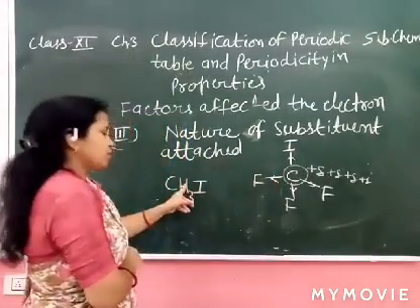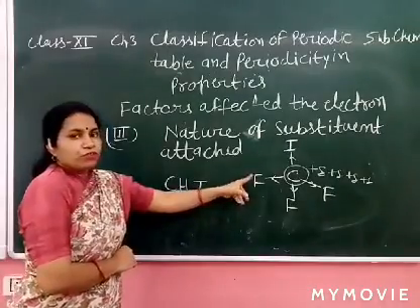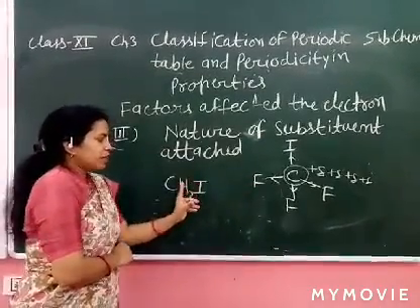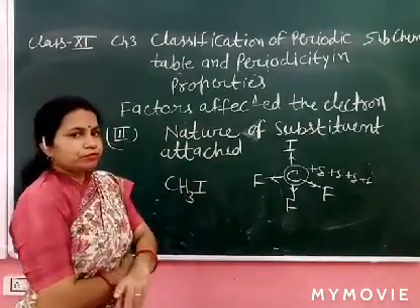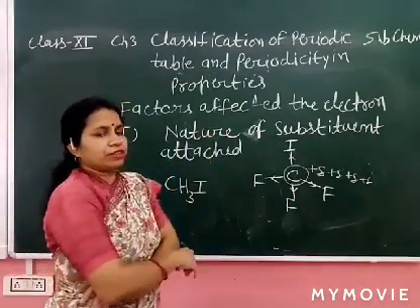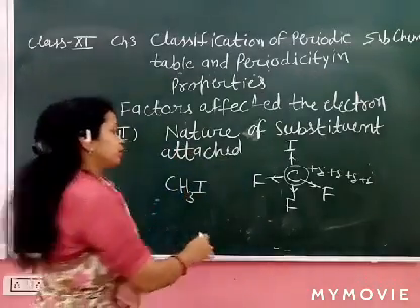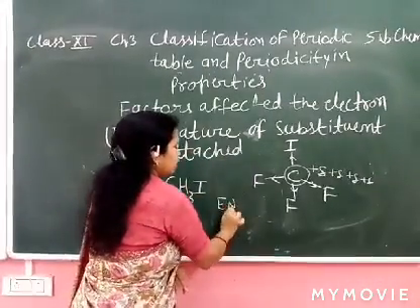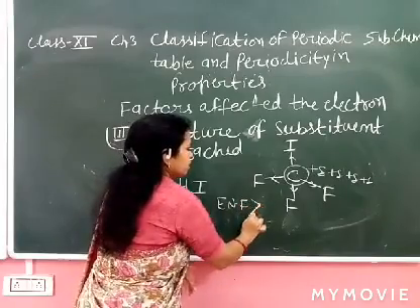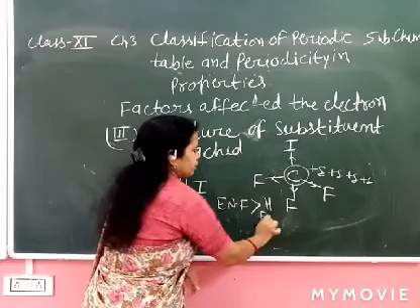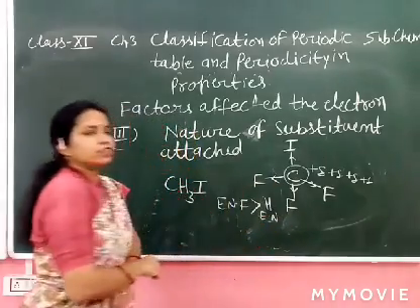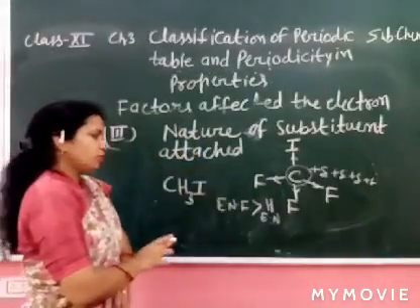When we compare hydrogen and fluorine, the electronegativity from left to right in a period is increased. The electronegativity of fluorine is greater than the electronegativity of hydrogen. So it's clear to all of you.